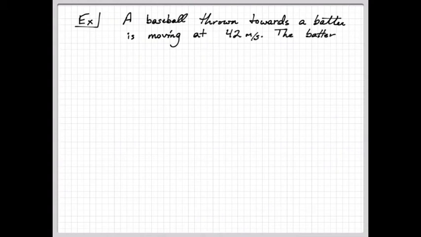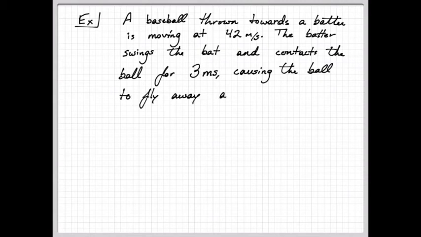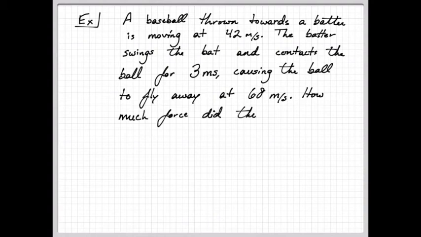The batter will then swing the bat and contacts the ball for 3 milliseconds. This causes the ball to fly away at 68 meters per second. So how much force did the bat exert on the ball?